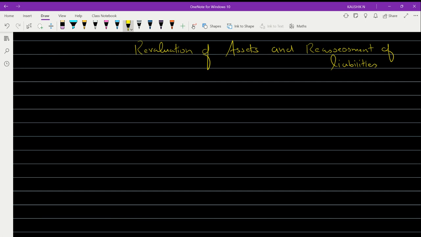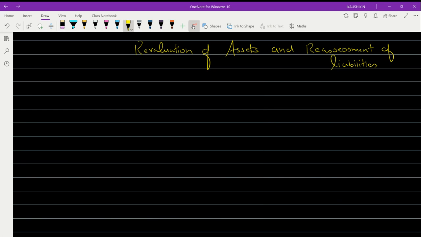None of our asset values have decreased, and similarly none of the liability values have decreased. At the same time, there was no unrecorded asset to be recorded now, and no liability left unrecorded to be recorded now. So in this category, we didn't find any items appearing in the adjustment. At the same time, we didn't have anything to be recorded as revaluation expenses also.